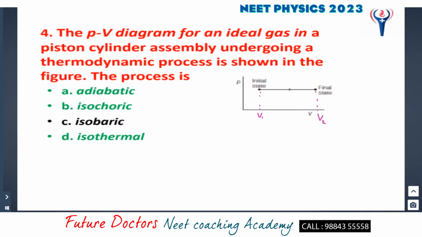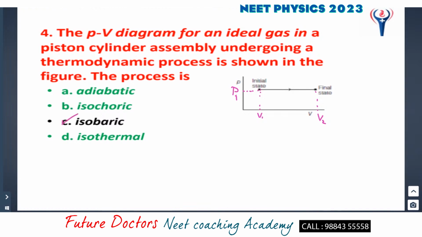But what about the pressure? Pressure is the same, constant pressure. So at constant pressure, there is a change in volume, that is isobaric. What is isobaric? Isobaric process is the process in which pressure is maintained constant. So isobaric is the correct answer.